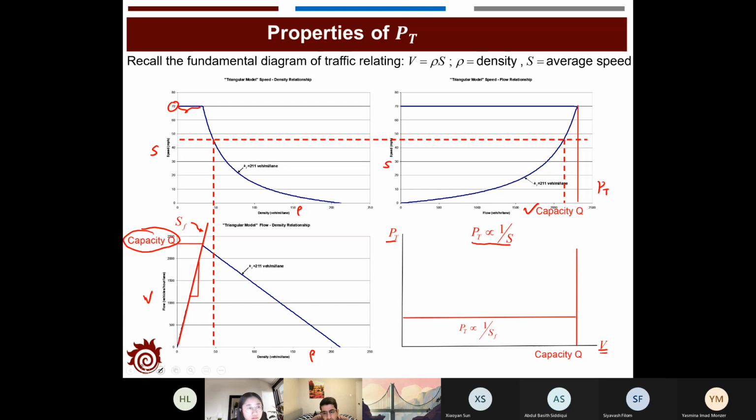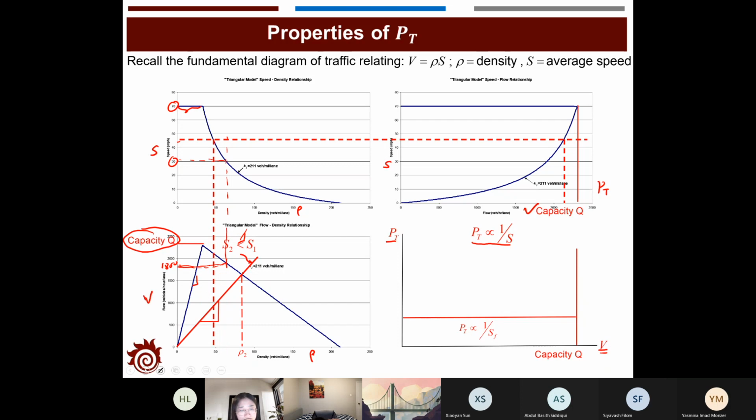But when the road is congested, the situation will be different. Say for the volume entering the congested region, in this case probably 1800 vehicles per hour, then the speed, which would be the slope of this red line, is reduced compared with the free flow speed, say around 30 miles per hour.